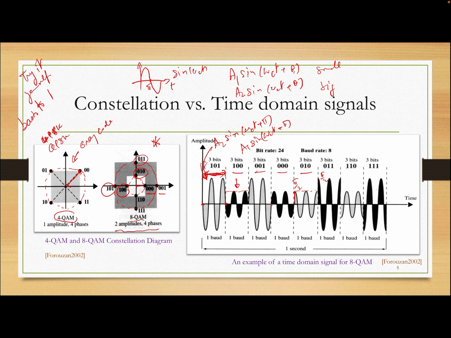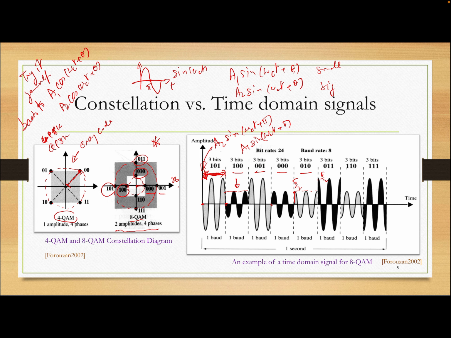Change the basis to A cosine omega_c t plus theta, A1, A2. It will be a different waveform.